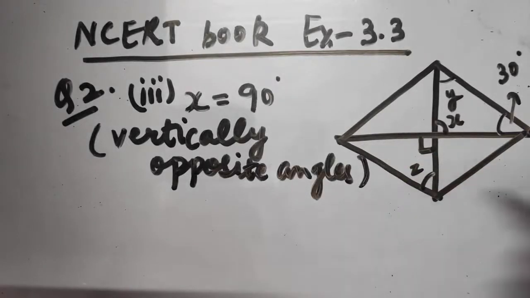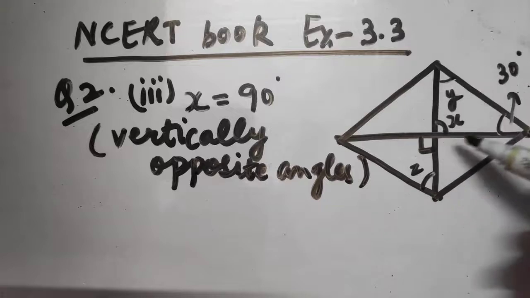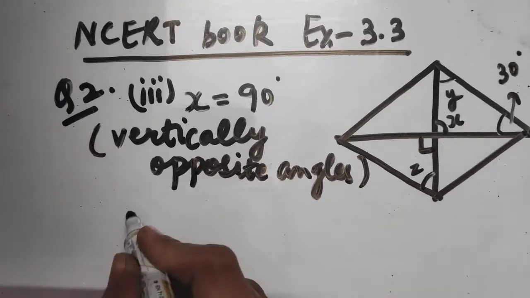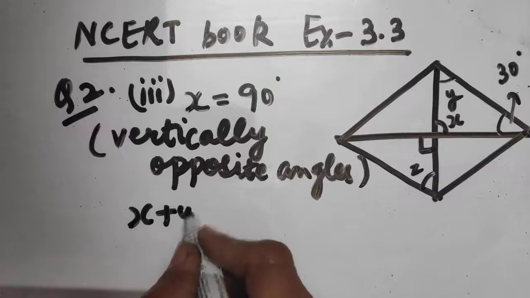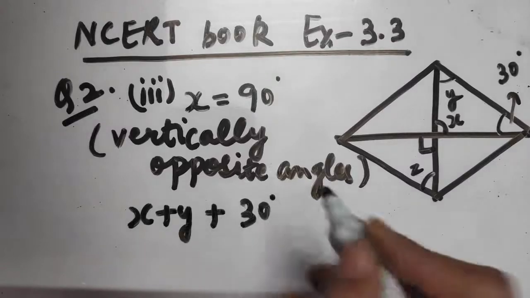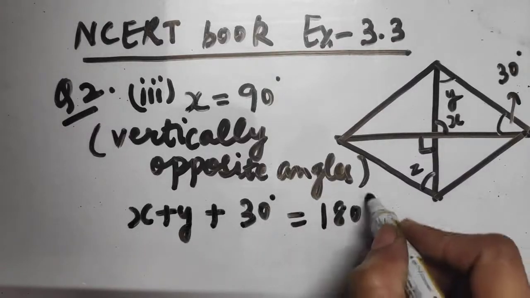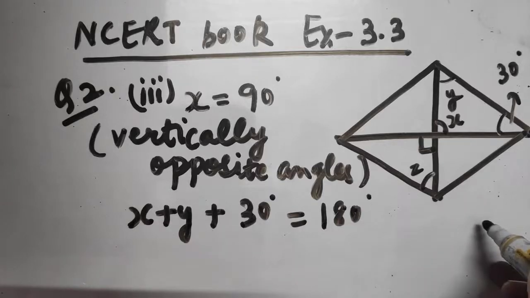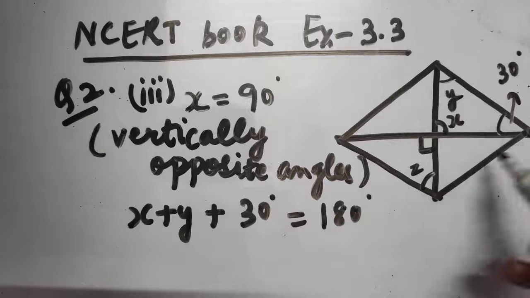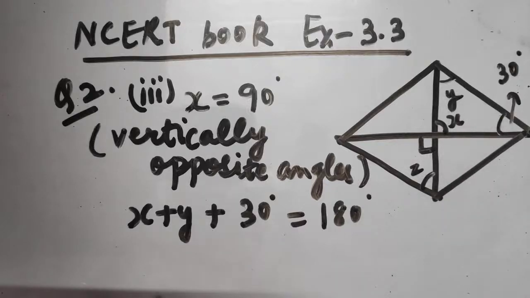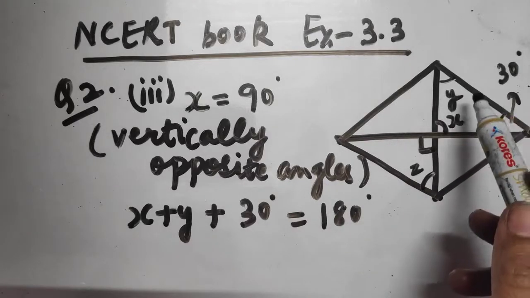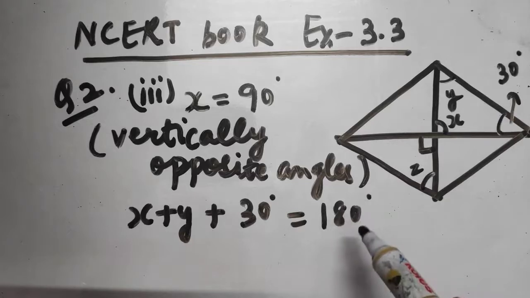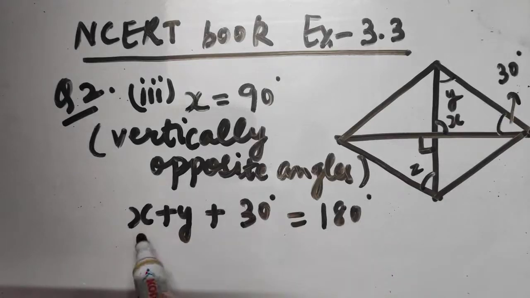Now, after that, you can see in this triangle, x plus y plus 30 degrees is equal to 180 degrees. You can write here in the bracket angle sum property of triangle. So in this triangle, the sum of all the angles is 180 degrees. So we have added all the angles of this triangle and put it equal to 180 degrees. We have calculated already x is equal to 90 degrees.